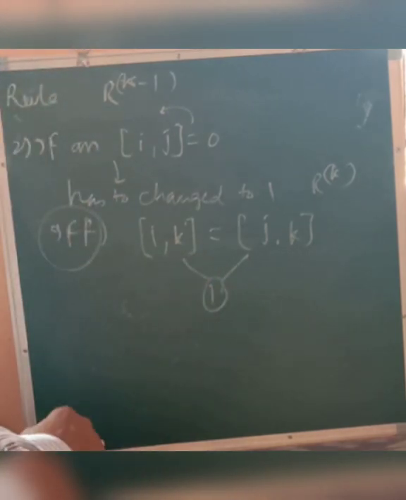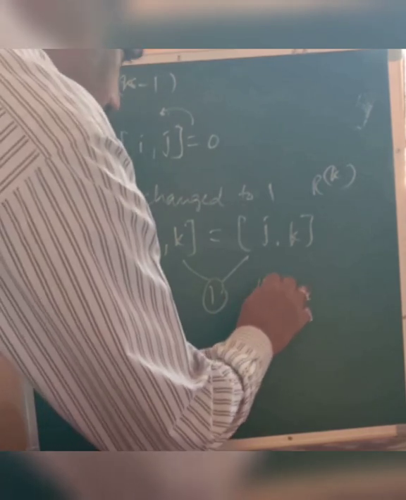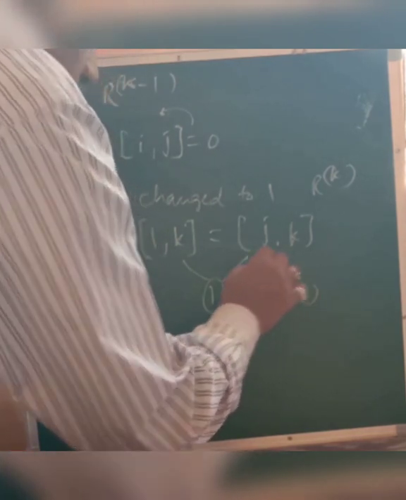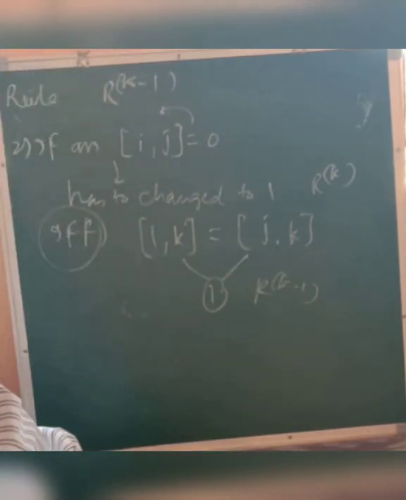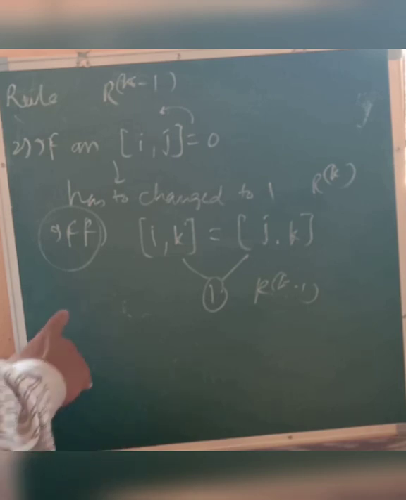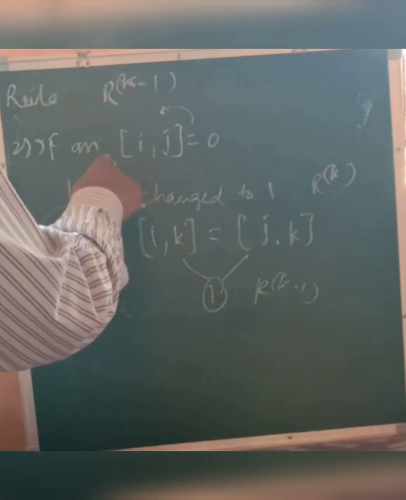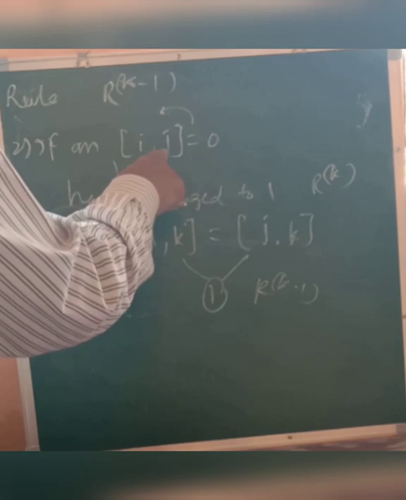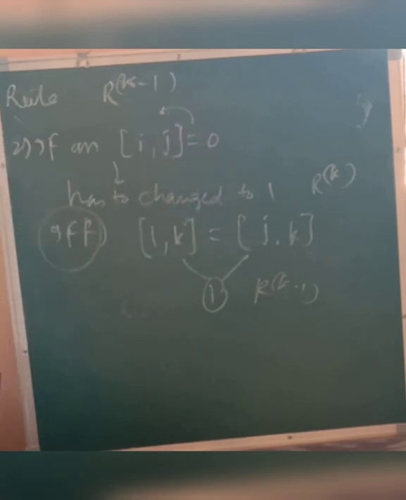Both are 1. So if an element in row i and column j is 0, then what will happen?